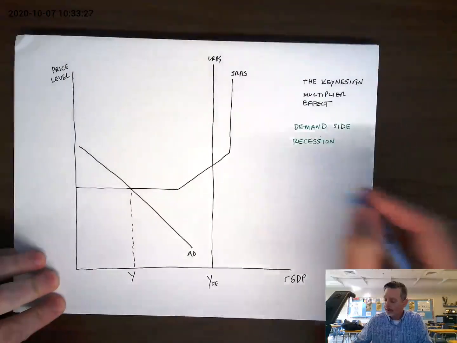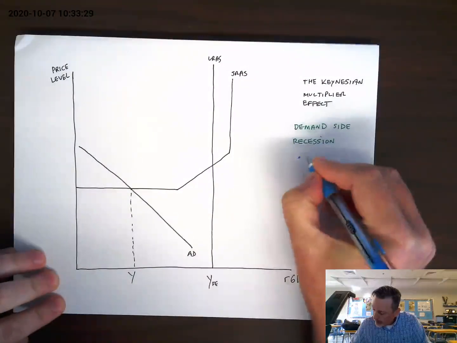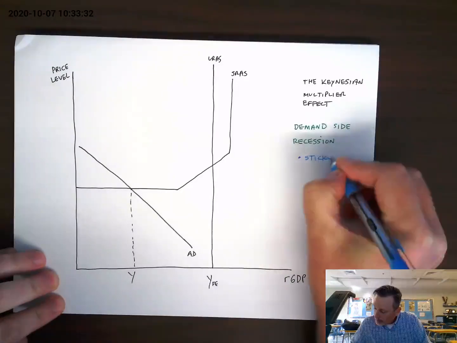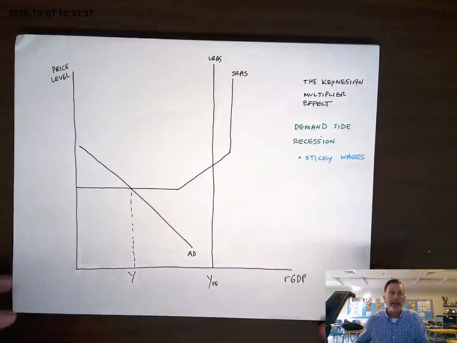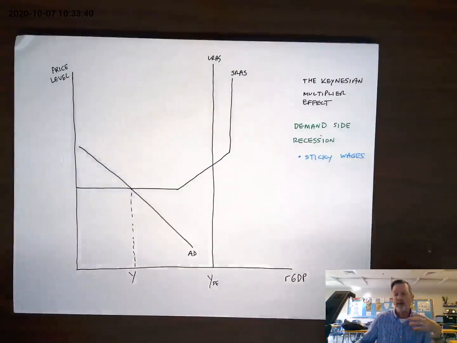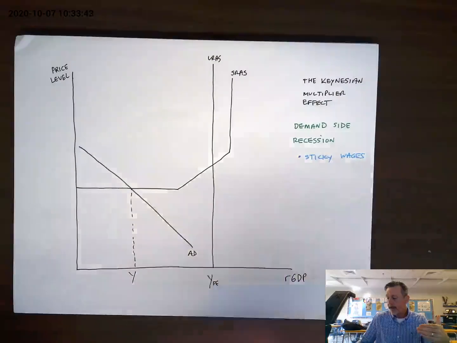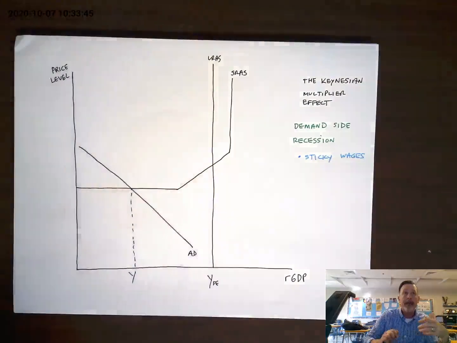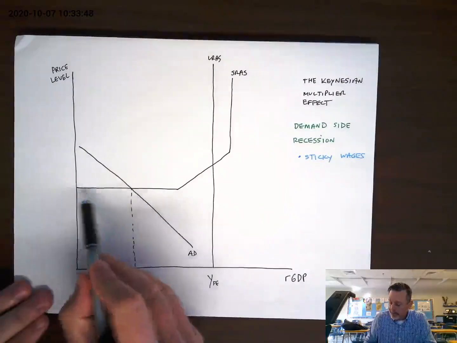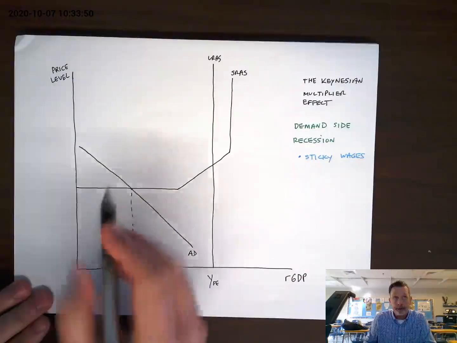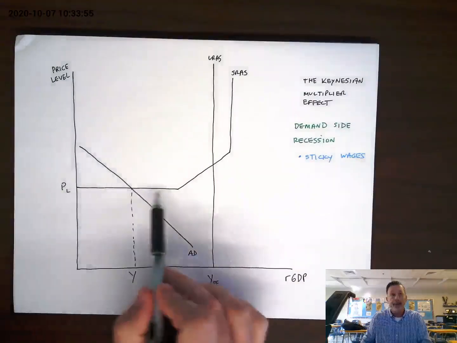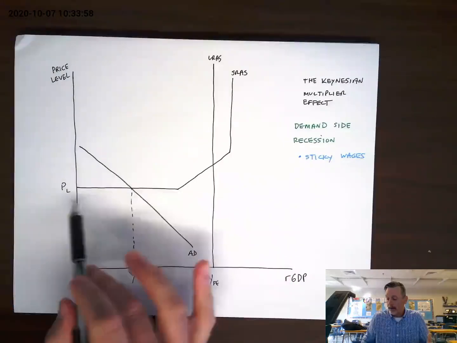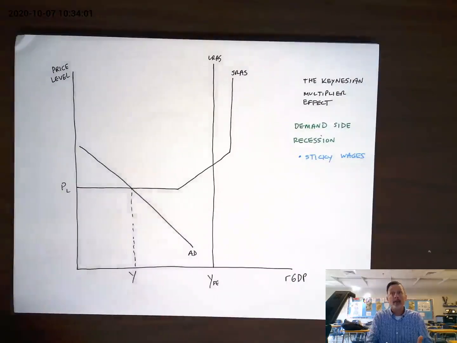When we think about the assumptions of this model, the most important one is the idea of sticky wages. The way that sticky wage theory manifests itself on the model is in this horizontal section of the short-run aggregate supply curve, and that section is horizontal because prices and wages will not fall any further.